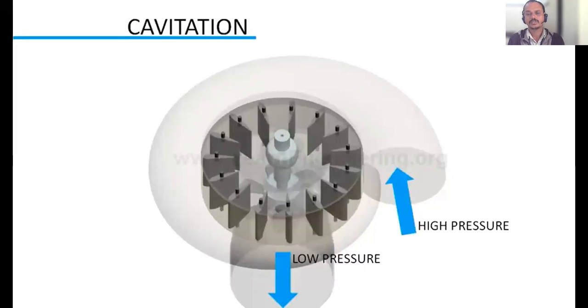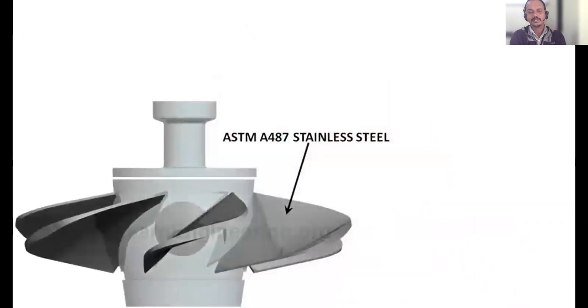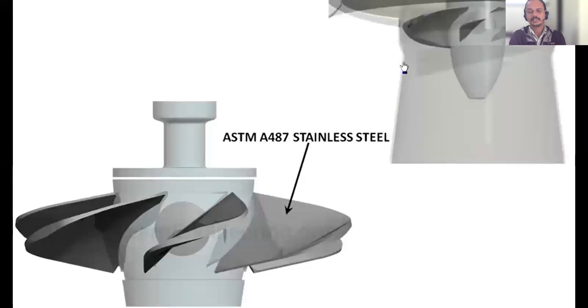The water which enters the scroll casing has high pressure, and when it leaves to the Kaplan turbine, the pressure goes on decreasing below atmospheric pressure. So to increase that, we have to use a draft tube here. They also gave the material: stainless steel is used for the turbine.